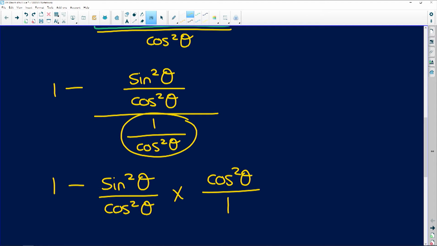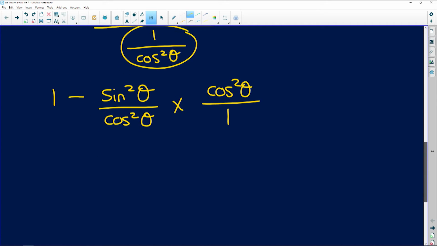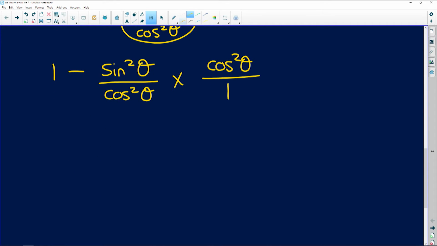Okay, so now if we have a look-see, cos squared theta will divide into itself over there and divide into itself over there. So we're going to get 1 minus sine squared of theta all over 1.